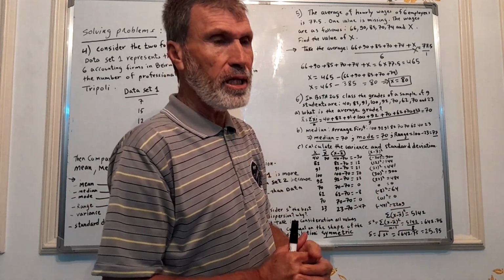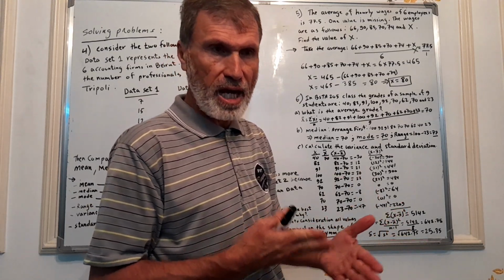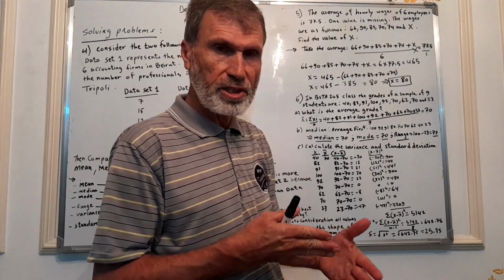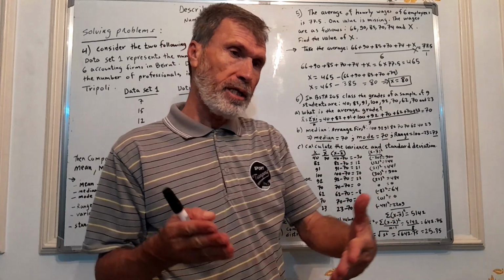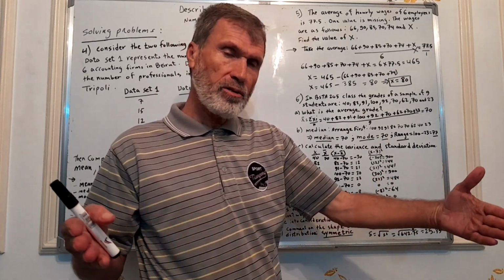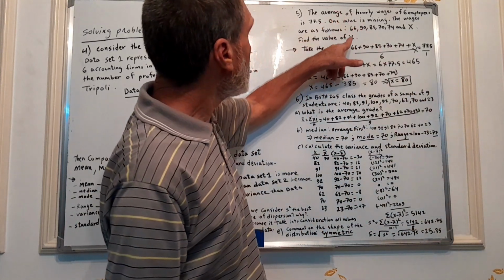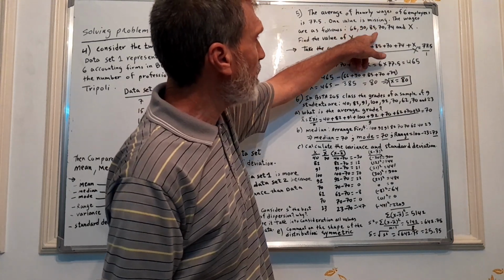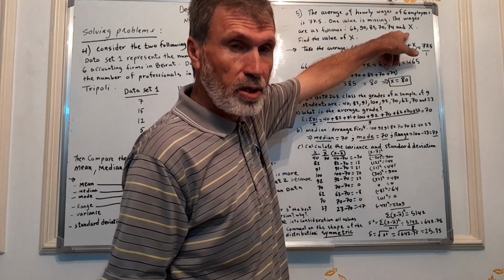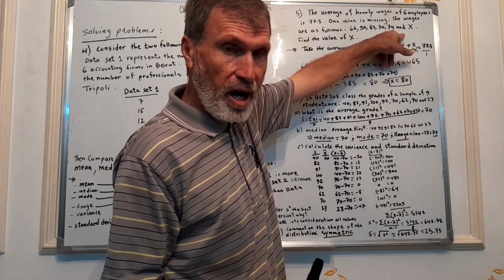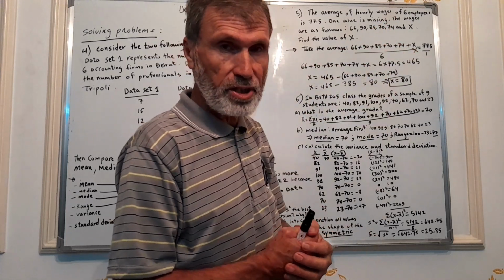First of all, we have the average. He said that the average of the wages of 6 employees is 77.5. So what we do is add all the values: 66 plus 90 plus 85 plus 70 plus 74 plus X. To get the average, we add them and divide by the number of observations, which is 6.